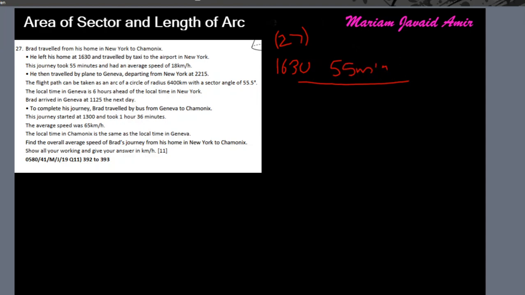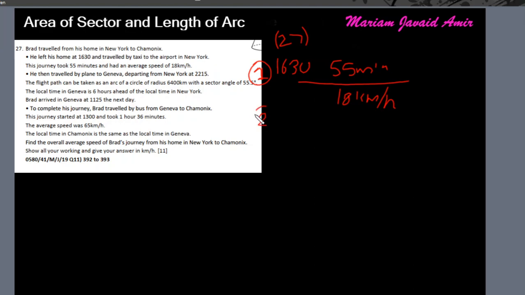It took 55 minutes and had an average speed of 18 kilometers per hour. So this is the first journey: starting time, total time and average speed. This is the first set of information given to us.